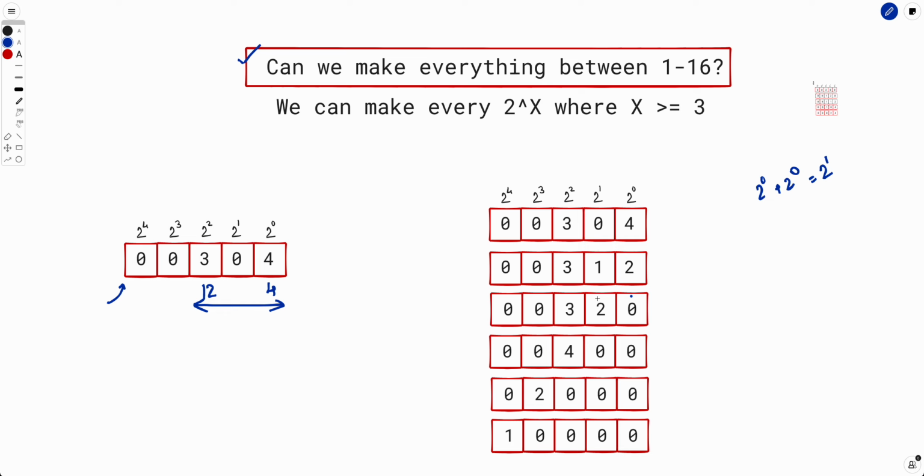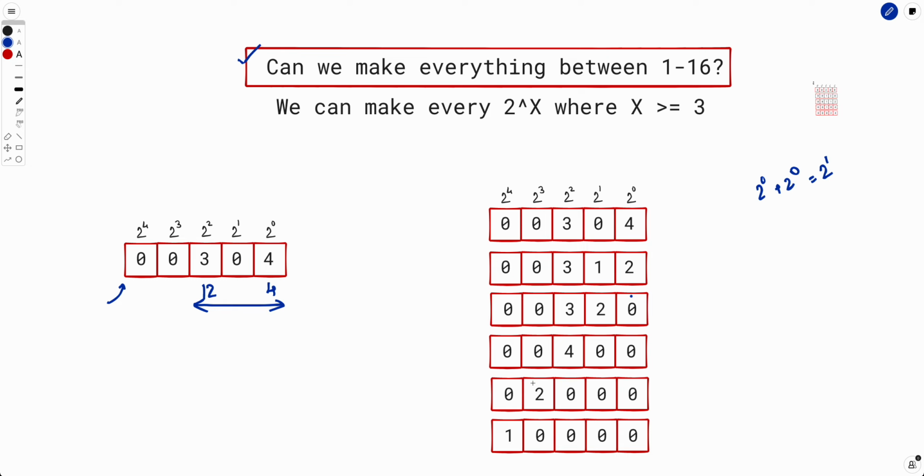Now in the same fashion you can convert 2 to power 1 to 2 to power 2 as well. So you can convert this to this, correct? And finally you can convert this to 2 to power 3 as well. Basically in one step you can convert 2 to power 1 to 2 to power 2, and in another step you can convert 2 to power 2 to 2 to power 3 as well.